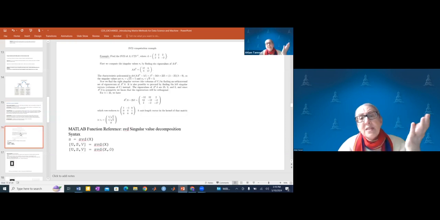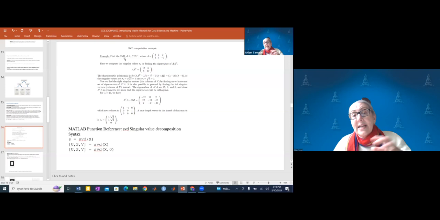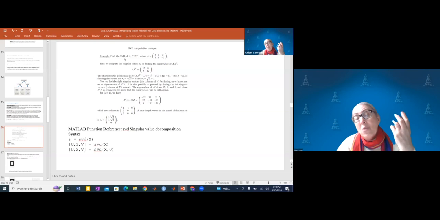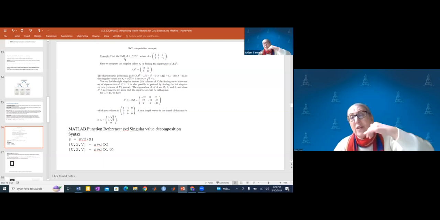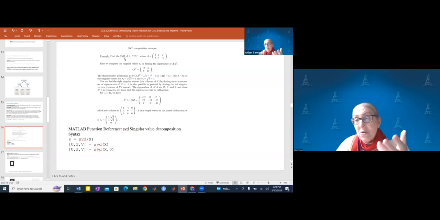For example, this is an example that I give them. I tell them to find the singular value decomposition because my objective is not the calculation only. MATLAB can do the calculation, but mostly I teach math majors or engineers. I would like them to have an idea what singular value decomposition is mathematically. It's not falling from the sky. It is based on eigenvalues, eigenvectors, etc.